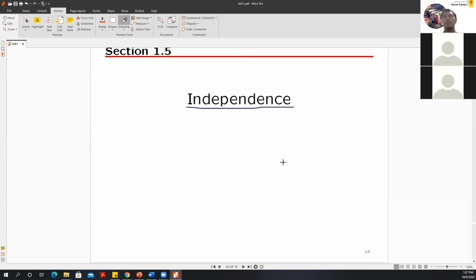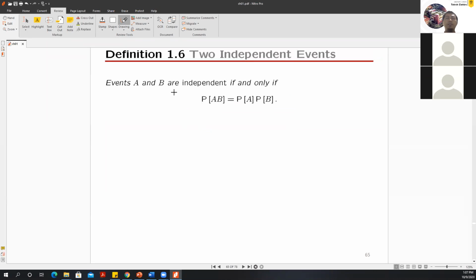Independence. Okay, we can say event A is independent of event B if the joint probability of A and B is the multiplication of its probabilities.